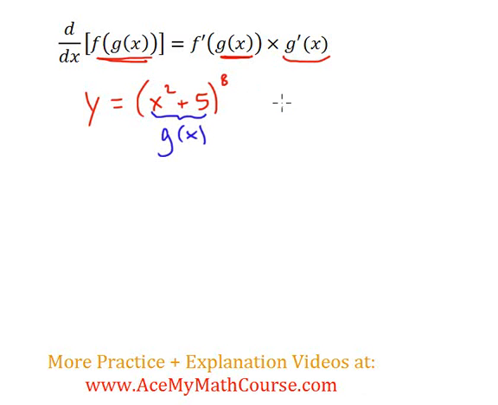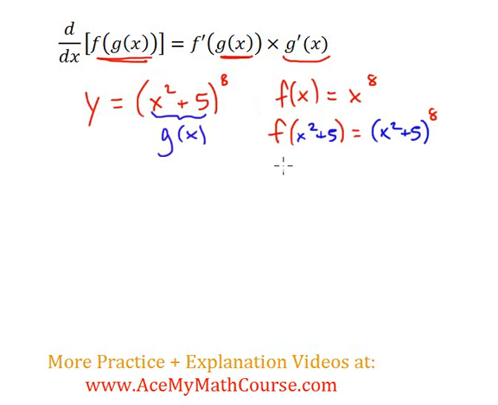The outside function f of x will be just x to the power of 8. That way, if I have f of g of x, look at that, I get x squared plus 5 to the power of 8.